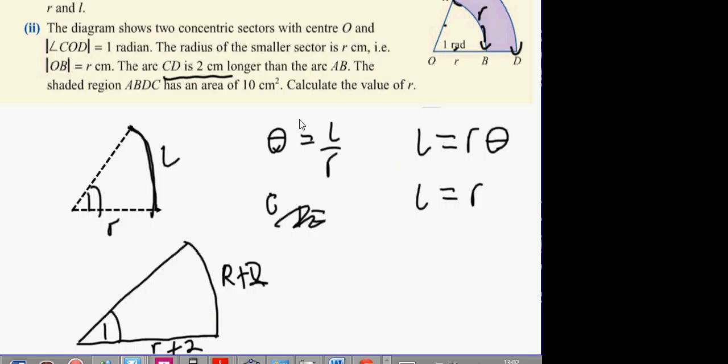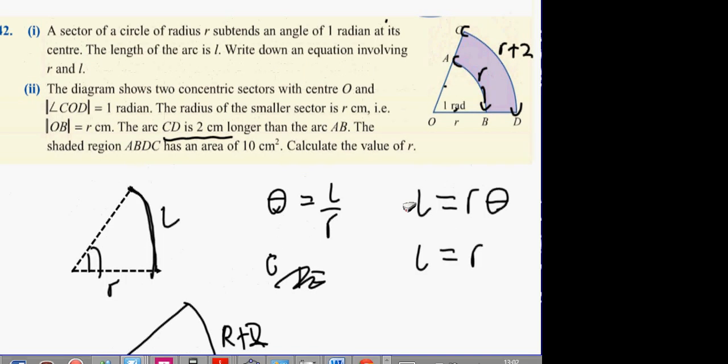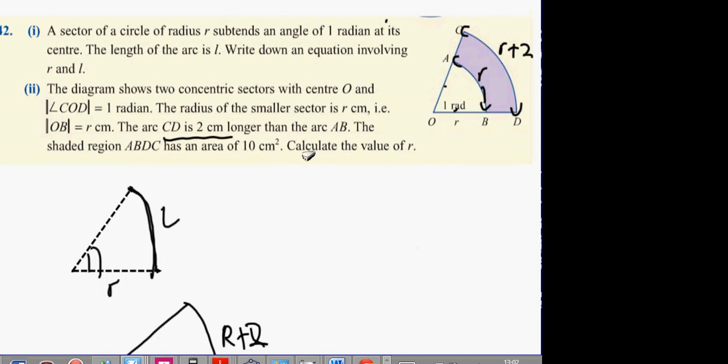Now that we have that cleared, what it wants us to do is take away the area of the big sector minus the small sector. The general formula for the area is a half r squared theta.